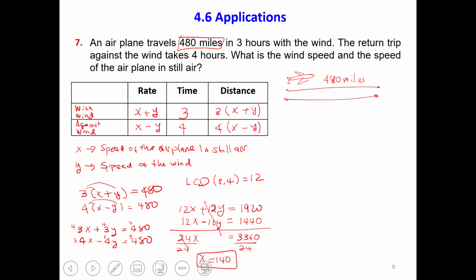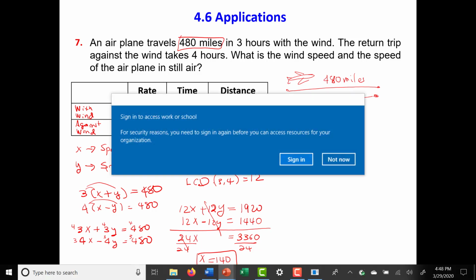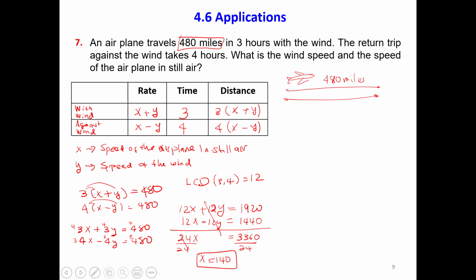Now we need to solve for y, and to do that we can just replace the x value into any of the equations. Maybe in the first equation we can replace x to get y. Then we have 3x plus 3y equals 480, but x is 140.